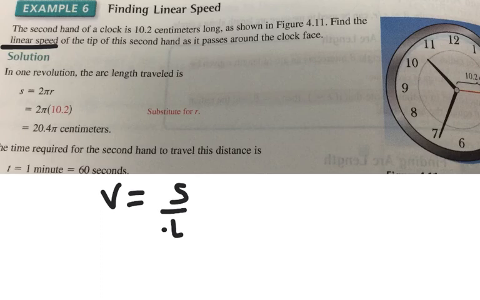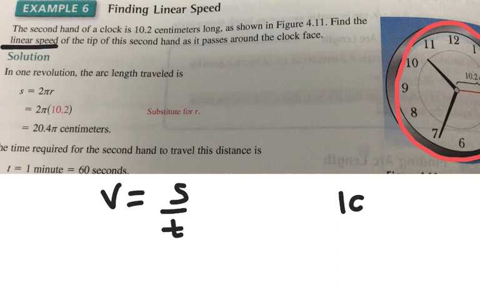All right, so let's think about how far does it travel. So I need to find the s and the t. We're talking about as it goes around the clock, so let's think about it going around in 1 minute. So as it goes from there to there, what is the measurement of the arc? If you think about it, it's just a circle.